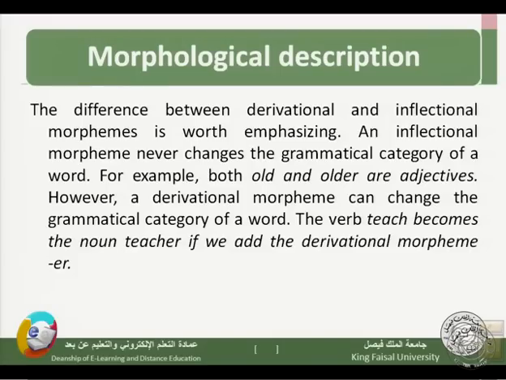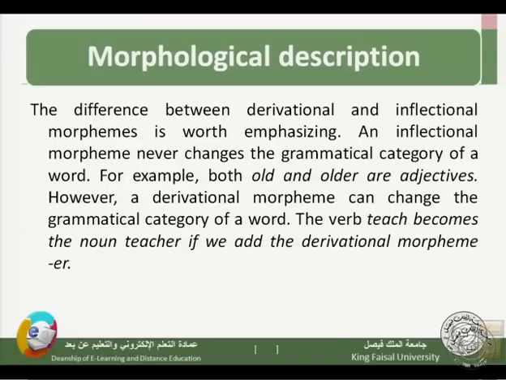For example, both old and older are adjectives. However, a derivational morpheme can change the grammatical category of a word. The verb teach becomes the noun teacher. So if we add er, we move from a verb to a noun, and that one is called a derivational morpheme.